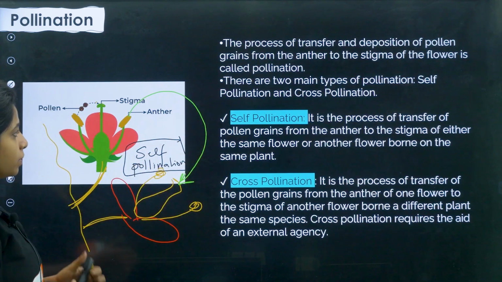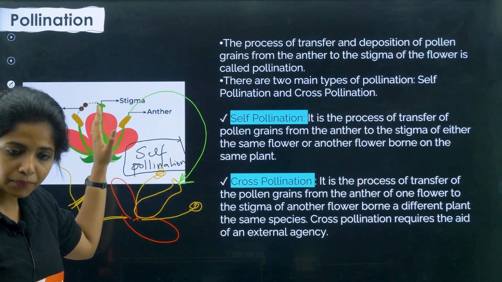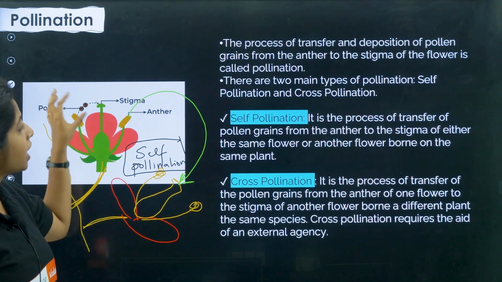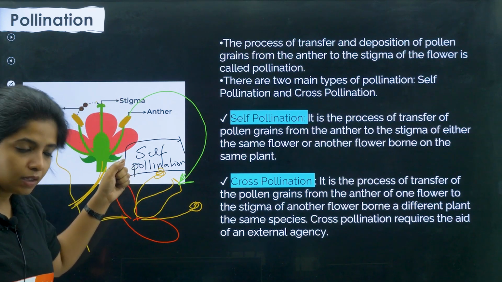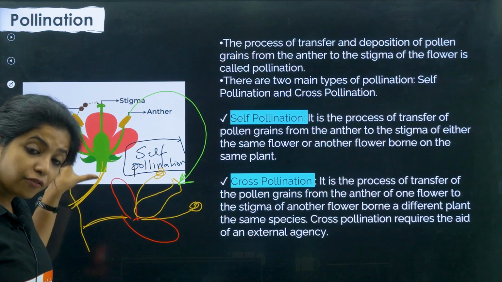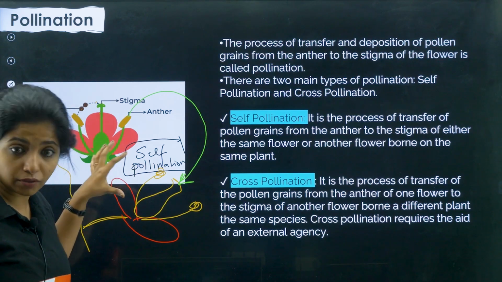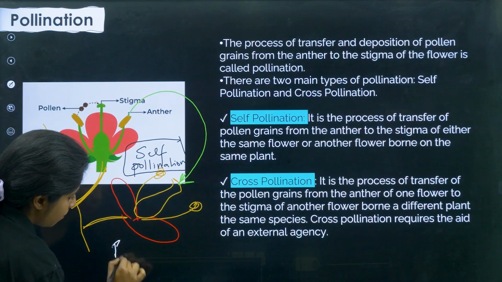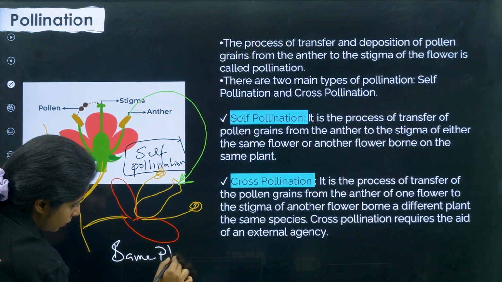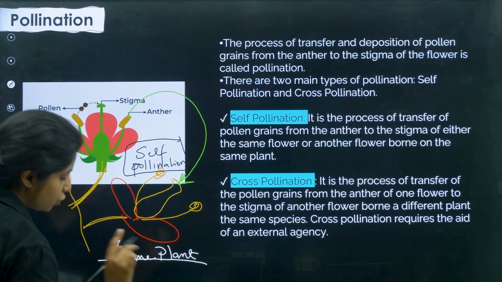So self-pollination means the transfer of pollen grains from the anther to the stigma of the same flower or between different flowers in the same plant. I'll repeat it once more, listen carefully.